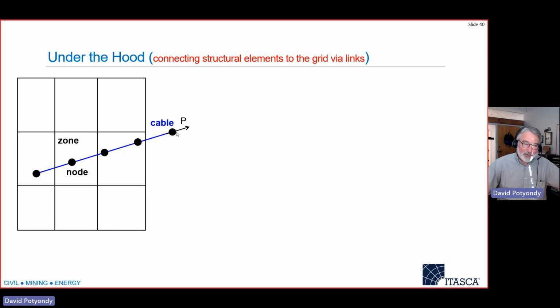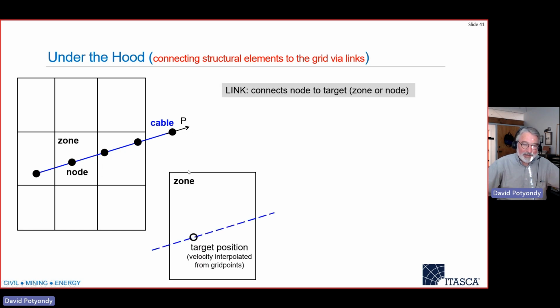And this is a cable that's been discretized into 4 segments. So there's 4 cable elements. The black guys are the nodes, and we're going to look at this guy here, that node, and this is loaded with an external force of P. We're pulling on that cable. So looking at the center zone, expanding it. What is it doing? This node is getting mapped to, I'll just call it a local position inside that zone.